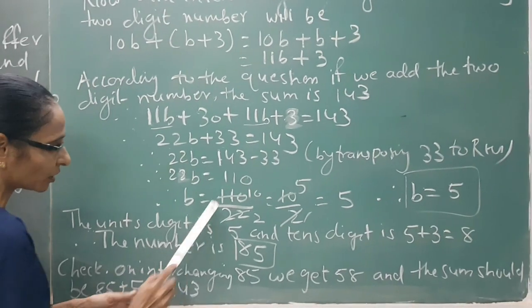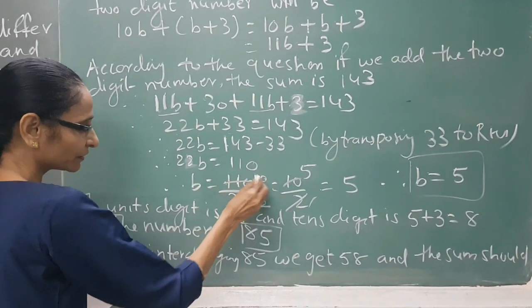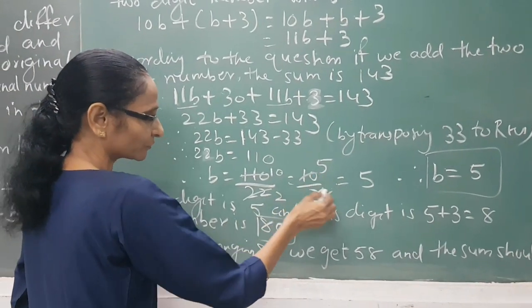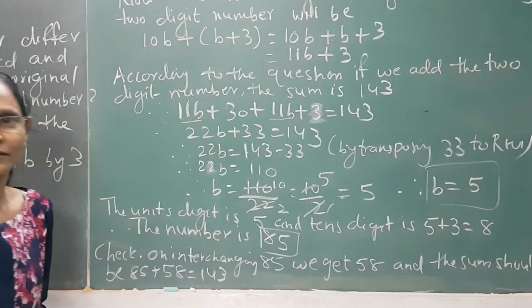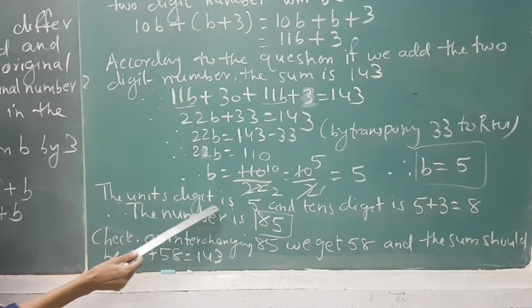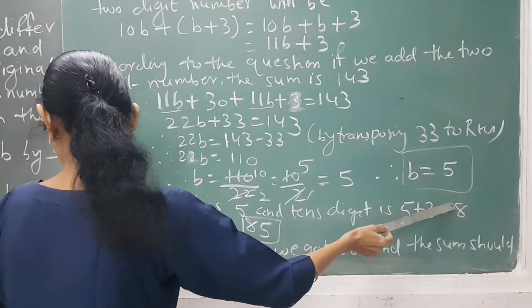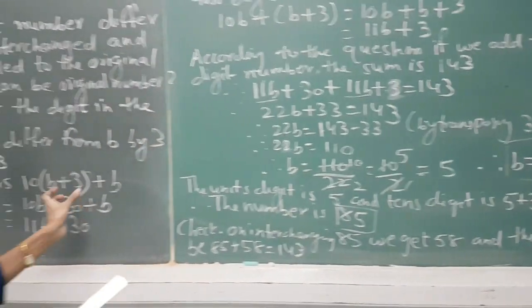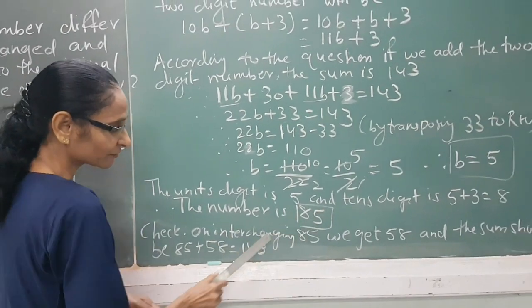Therefore, B is equal to 110 upon 22. 11 twos are 22, so 110 upon 22 is 10 upon 2, then 2 fives are 10, so it is 5. Therefore, the value of B is 5. The units digit is 5 and the tens digit is 5 plus 3, which is equal to 8. Therefore, the number is 85.